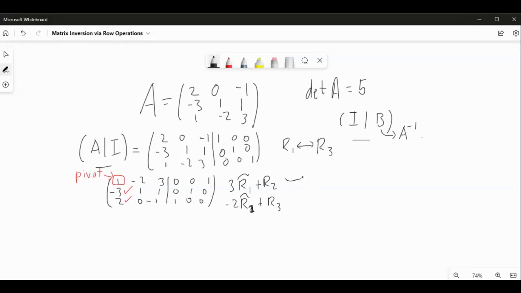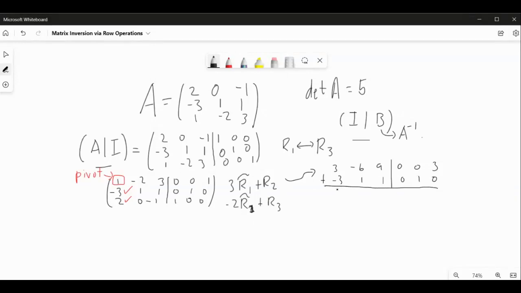Now, this operation then goes as follows. So we have 3, minus 6, 9, and then we have 0, 0, 3, and then add that to minus 3, 1, 1, 0, 1, 0.